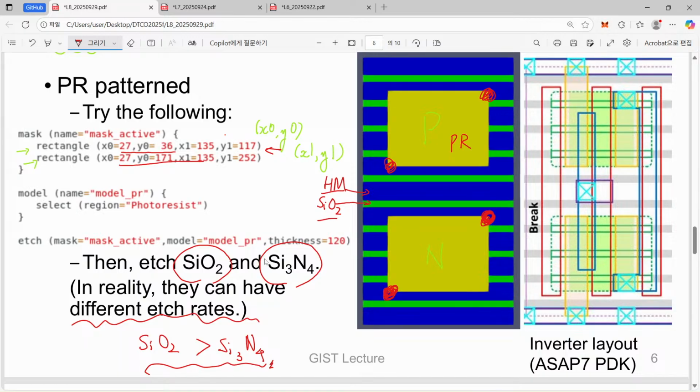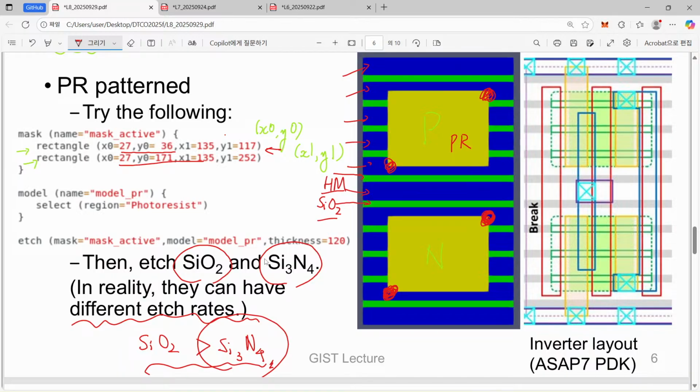However, in our assumption, in reality the silicon nitride layer has a lower etch rate, so these parts are not etched quite fast, slow etch rate. And instead, this one, the green one, is regarded as silicon dioxide. It is quickly removed from our process.